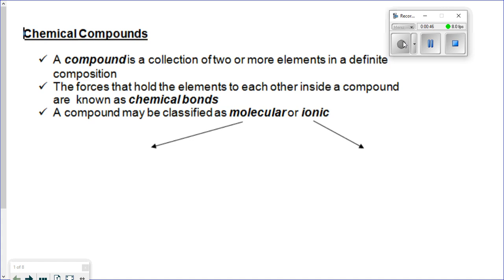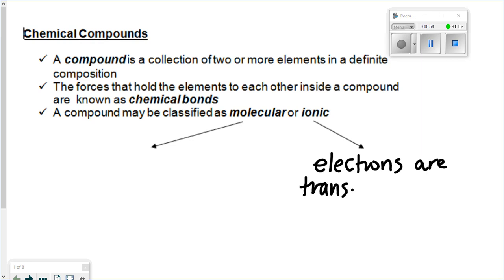So a compound is ionic if electrons are transferred from one atom to another.